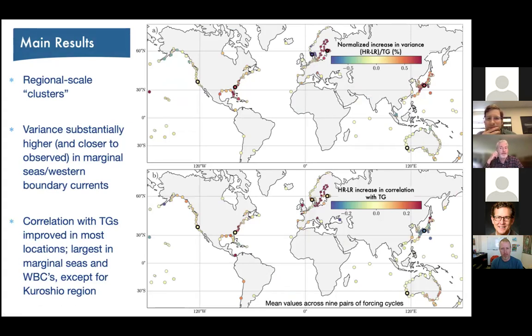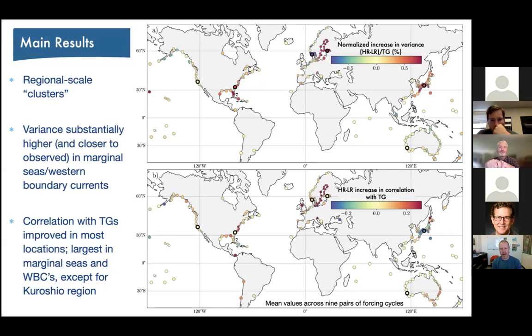So it's blue in that it looks like HR is getting lower variance. So weaker variability in the HR than the LR. And it's actually that there's a dipole there, right? It's higher in the Baltic Sea and it's lower outside of it. My speculation is that the LR basically blocks any waves or variability at the Baltic Sea. And so you're getting artificially high variability outside the enclosed sea.